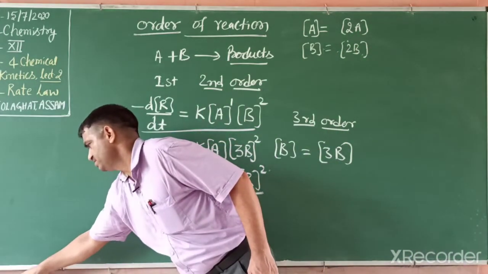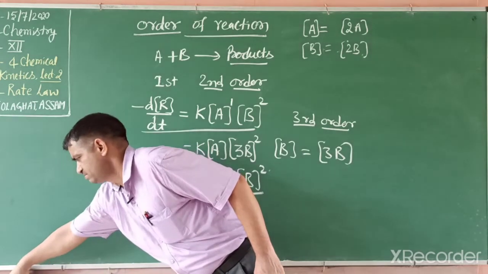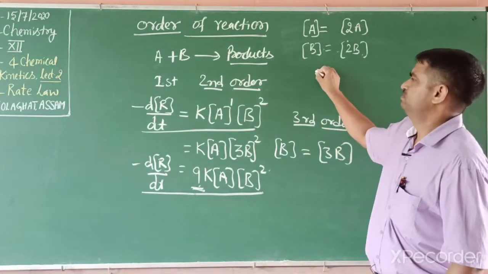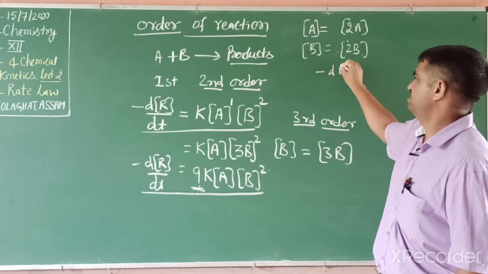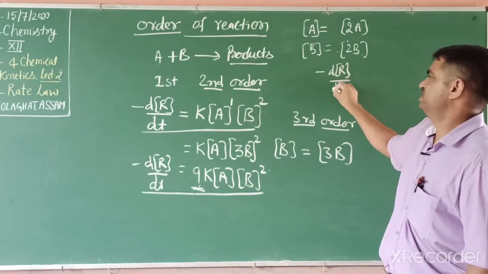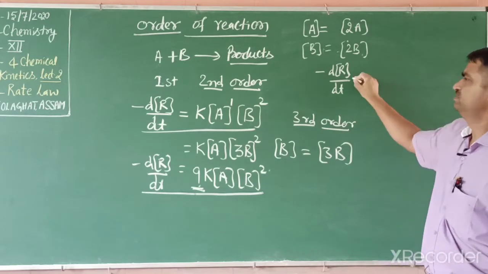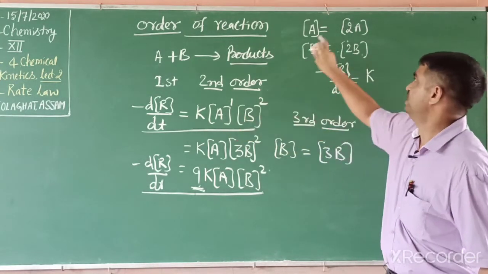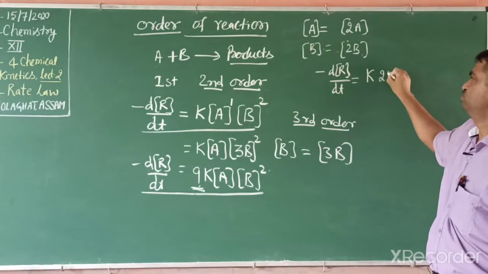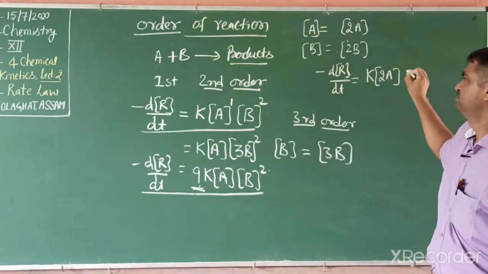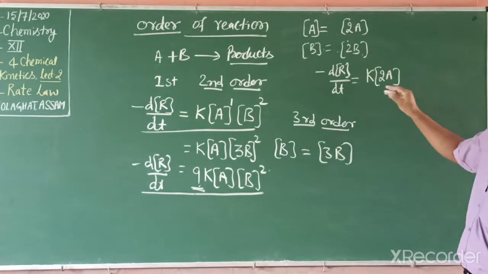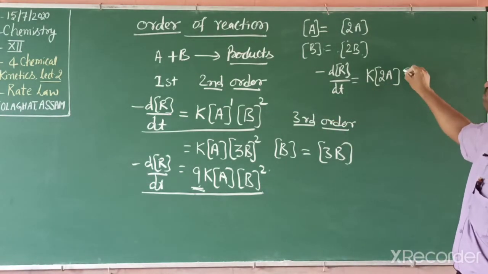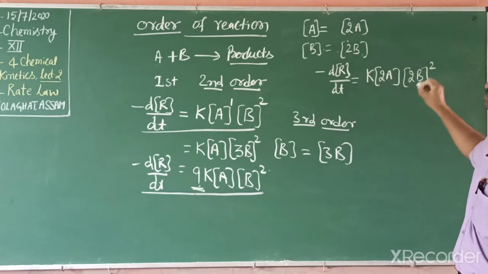Then minus d[R]/dt is equal to k. In place of A we write 2A, so 2A power 1, no need. And in place of B we write 2B power 2.